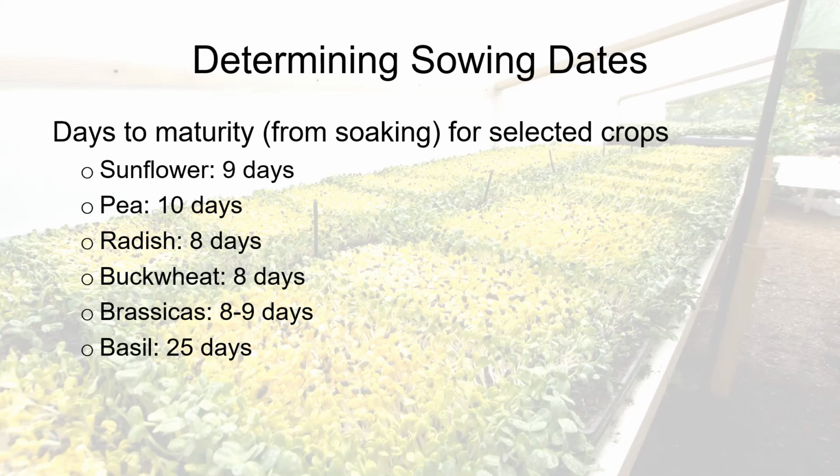So in the process of determining our sowing dates using the days to maturity for our selected crops, what we're going to find is we have basically a set schedule every week of when we're doing our sowing in order to get our harvest on a specific date. So because there is so much to manage within all this, this again is where the spreadsheet and the crop planner comes in, which will go into more detail elsewhere.